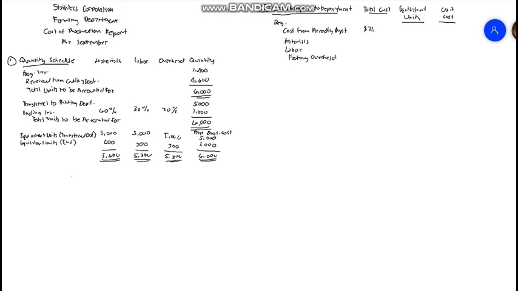The total cost from the preceding department, which is given, is 21,120; materials, 5,880; labor, 2,614; and factory overhead, 5,228.